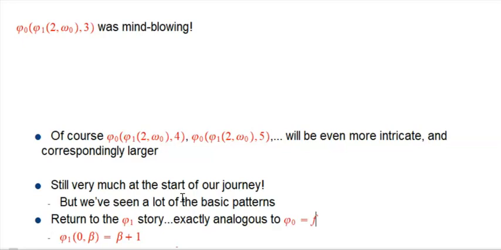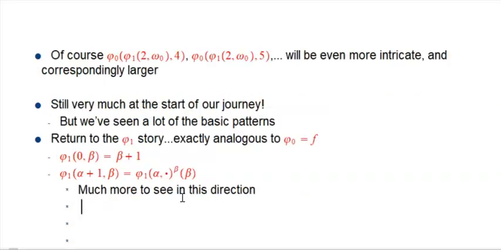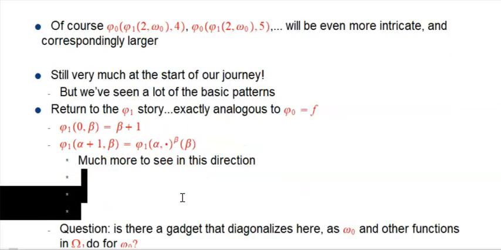It really is the same idea, just in this slightly more complicated context. The 0th version of phi 1 is just successor. And every time you put a successor tag on the control input of phi 1, it just says iterate the previous one, phi 1 at the alpha level, beta times on beta. And one of the crucial things we saw is that that makes sense. Okay, so there's much more to see, even in that direction.